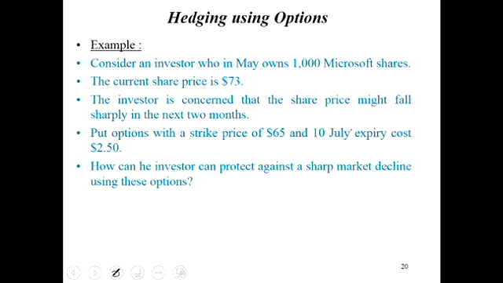So you can see that when you look at the option price, it's got a $65 strike price, which is well below the current share price of $73. But even so, with a 10th of July expiry, it costs you $2.50 per option to buy.